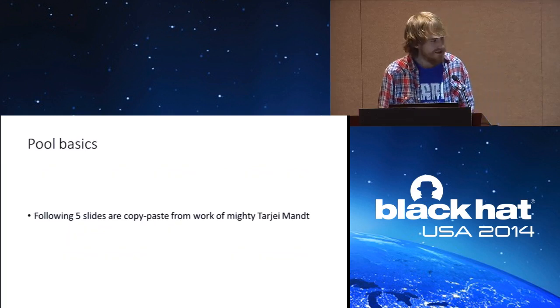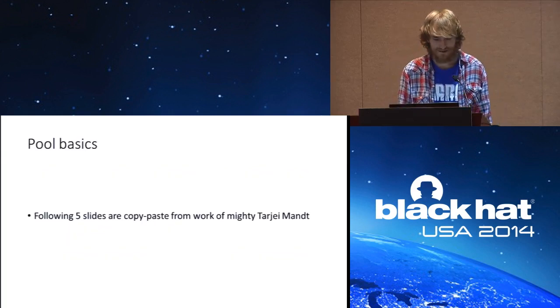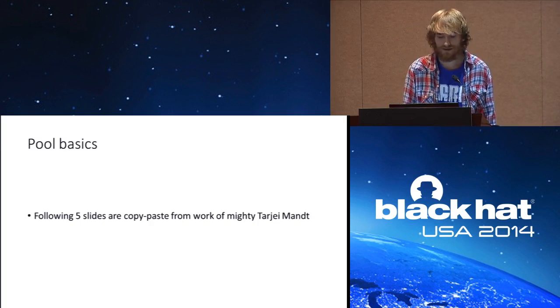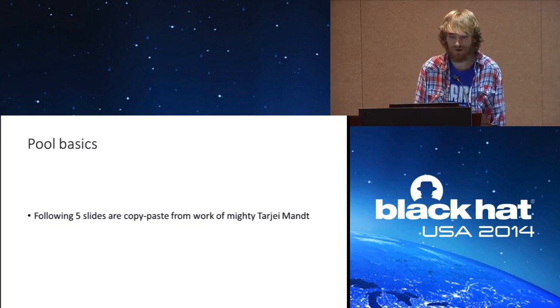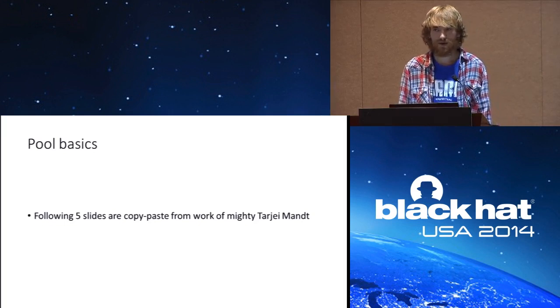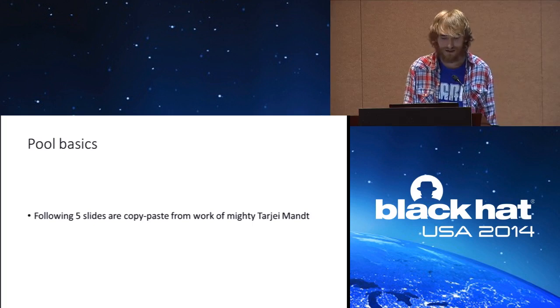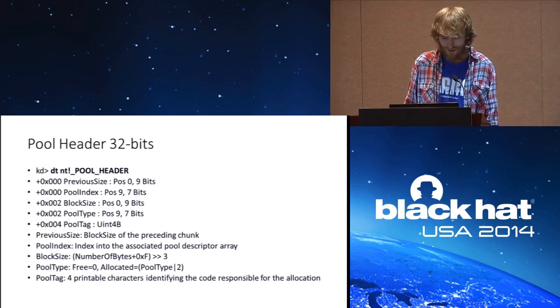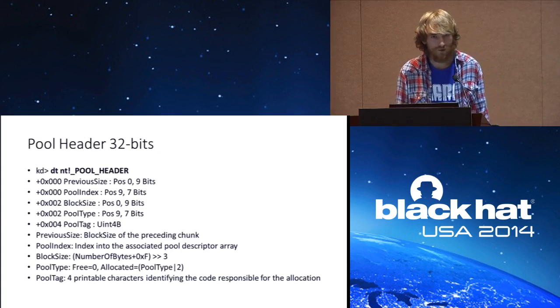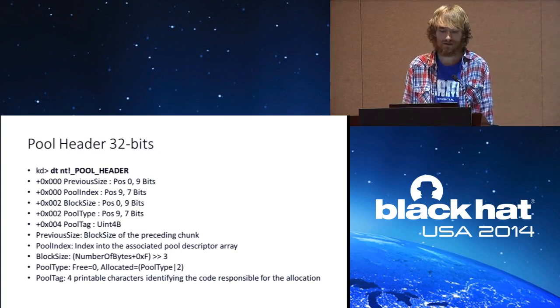So the following 5 slides are very basics, and if you want to know deep details about how pool works, check the work by Tarjei Mandt. He did a lot of research on that subject. So basically, the pool header defines a chunk of memory.